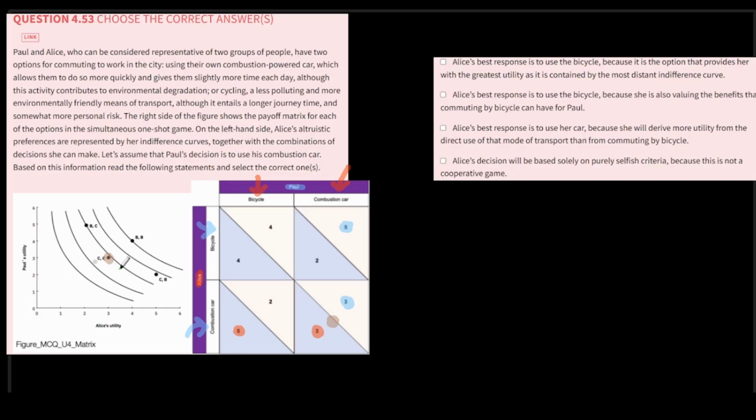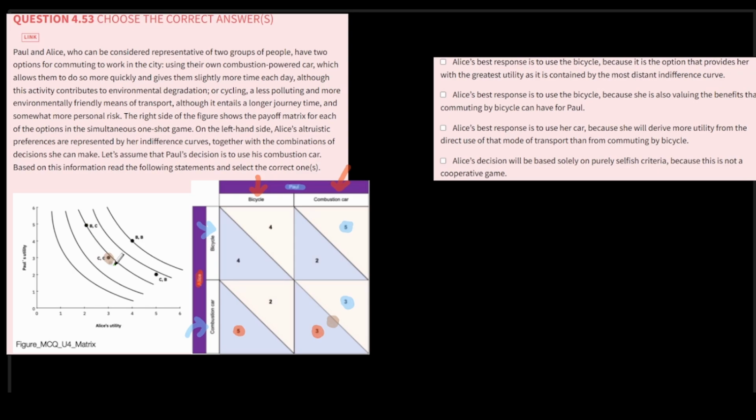Okay. Based off of this, just taking a look at the indifference curves, we can interpret this. From Alice's perspective, no, I'm going to take that back.